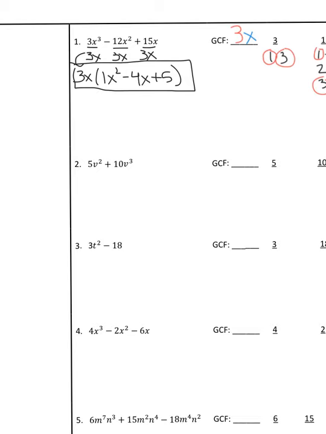Now, it is critical here. I'll put this in blue so we can see it. That 3x, you must include the GCF in your answer. Let's make a note about that.